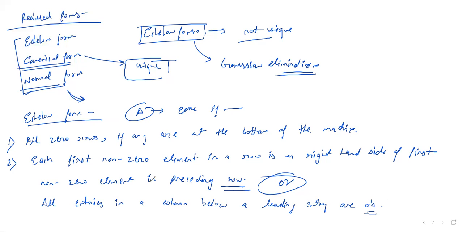So how does the echelon form look? This is the matrix A, with entries a_ij. If we reduce this matrix by applying transformations, we reduce it to its echelon form like this.